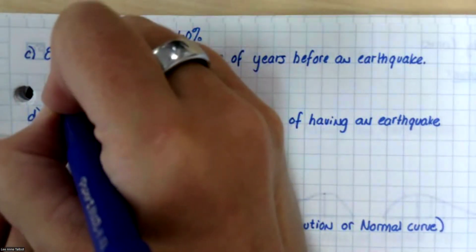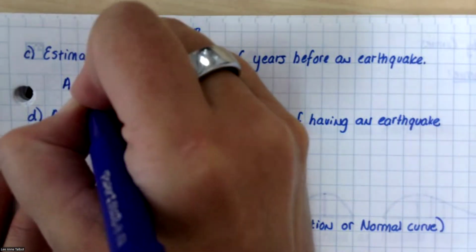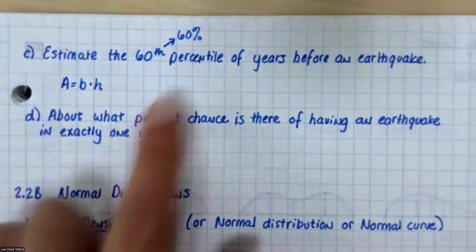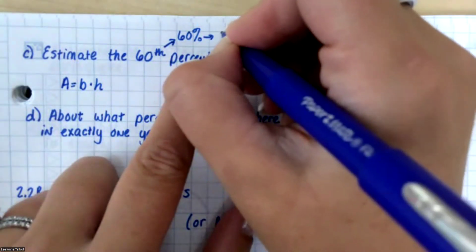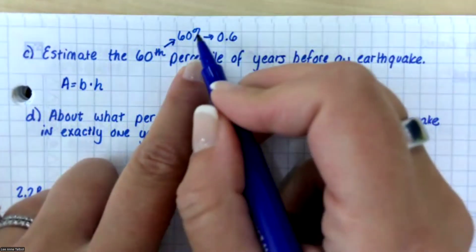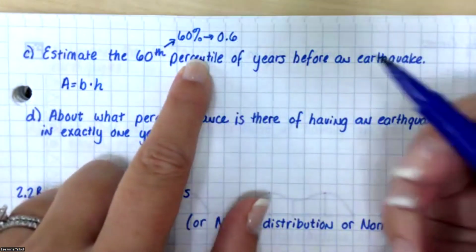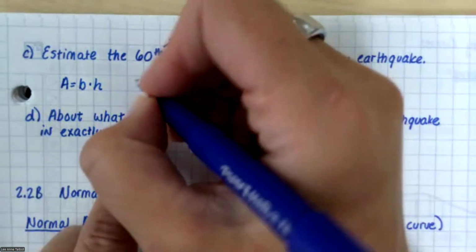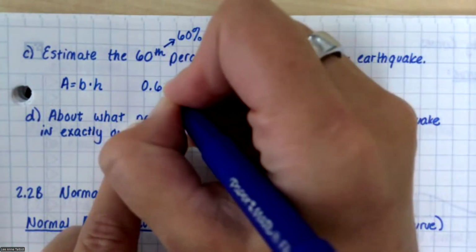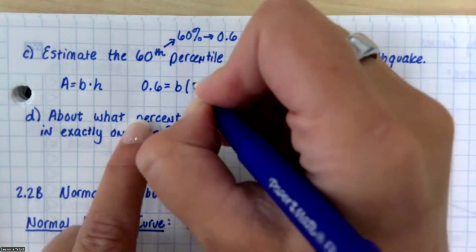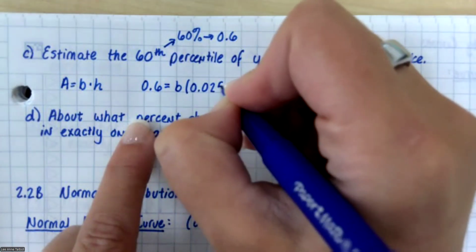So this is asking us to go backwards from what we did a second ago. So area equals base times height. And this time you have the area, because you're going to take that 60% and convert it to a decimal of 0.6. So 0.6 equals base times 0.025.